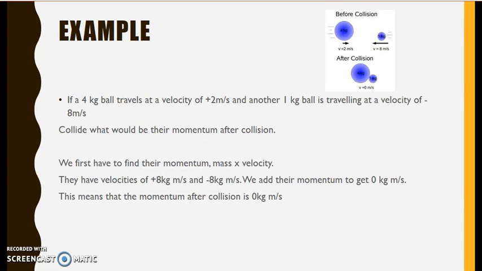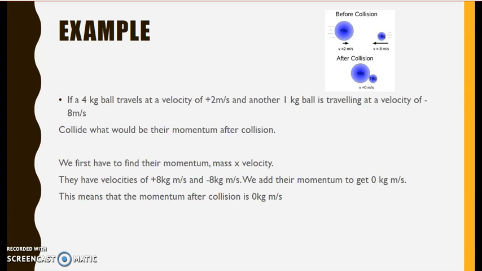Alright. If a 4 kg ball travels at a velocity of positive 2 meters a second, and another 1 kg ball is traveling at a velocity of negative 8 meters a second, and they collide, what will be their momentum after the collision? First, we have to find their momentum, mass times velocity. Their momentum is 4 kg times 2 and 1 kg times 8.